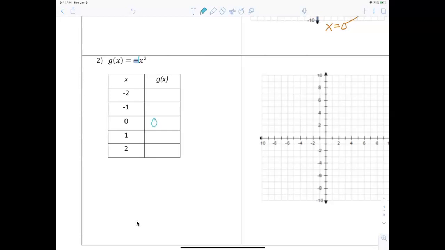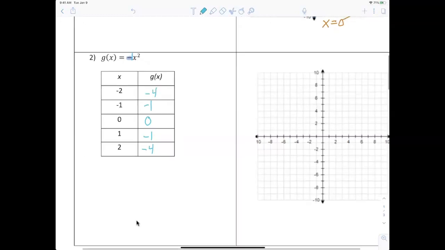And then if I do 1 squared is 1 times -1 is -1. 2 squared is 4 times -1 is -4. Then -1 squared is 1 times -1 is -1. -2 squared is 4 times -1 is -4. Okay, so now we just go ahead and graph those points.